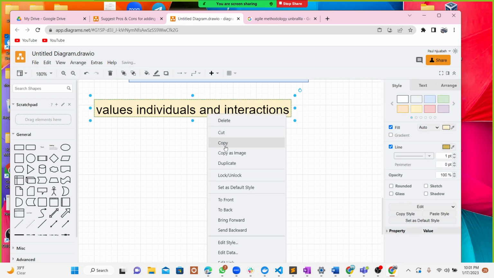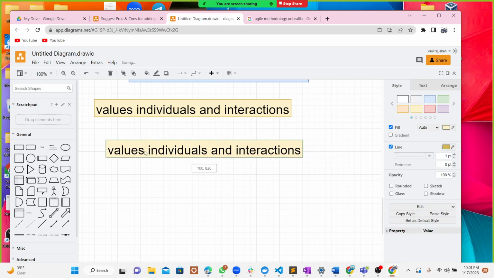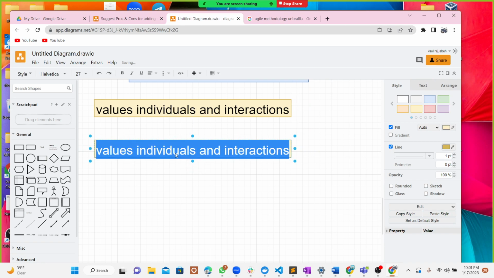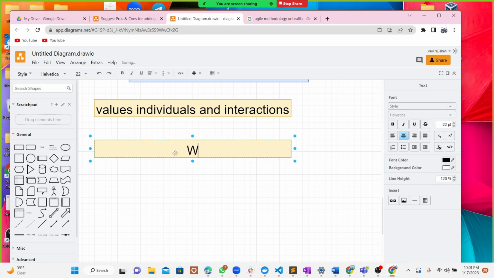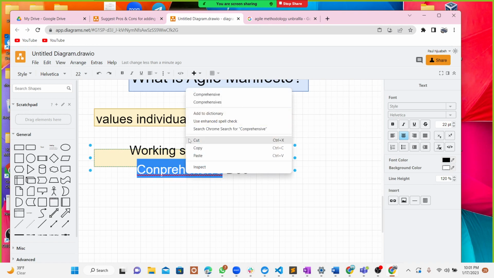We want a working software and not comprehensive documentation. Those are some of the things decided that this is what we'll be looking at this time.